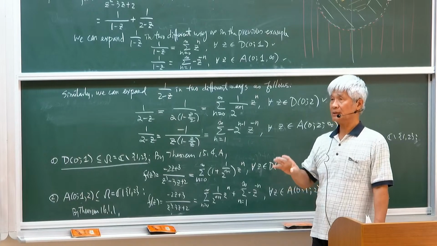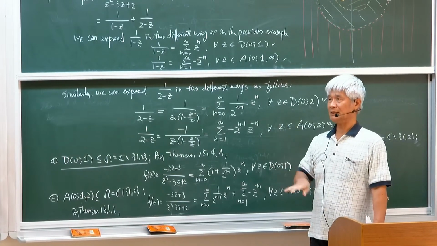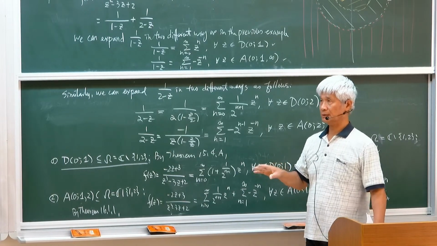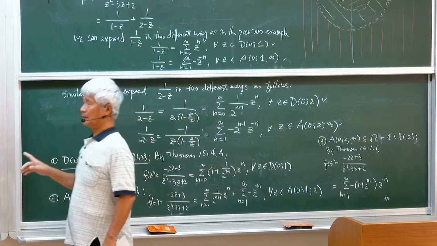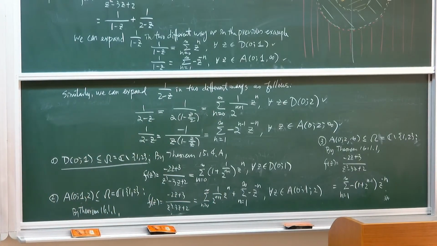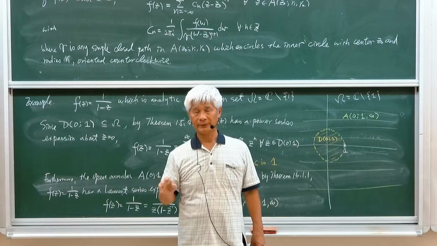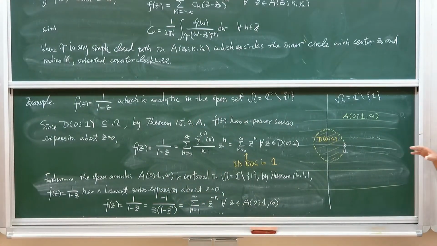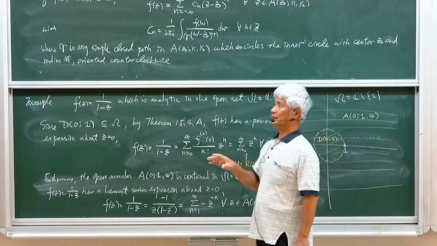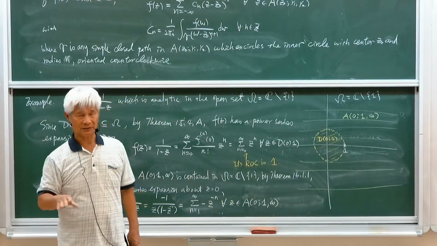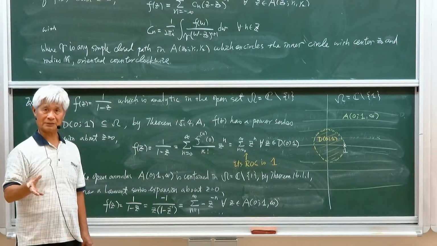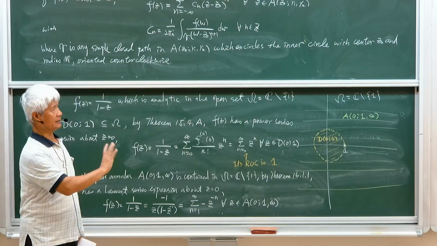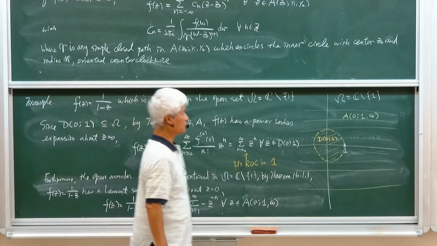If we find an open disk contained in the defining open set omega, then you can have the power series expansion at the center of the open disk. On the other hand, if we can find an open annulus contained in the defining open set of an analytic function, then you will have a Laurent series expansion at the center of the open annulus. So it depends.